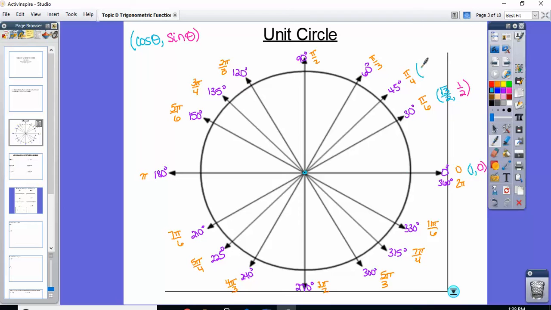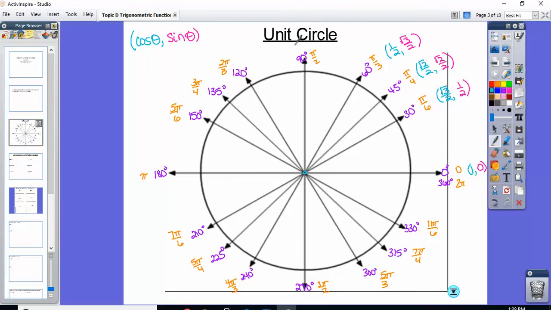45, if I fold in my 45, my middle finger, I have 2 fingers above and 2 below. So sine and cosine are both radical 2 over 2. 60, fold in your ring finger. Cosine is the bottom, you have 1 finger below, square root of 1 is 1, so cosine of 60 is 1/2. Sine, you have 3 fingers above, radical 3 over 2. 90, you fold in your pinky.